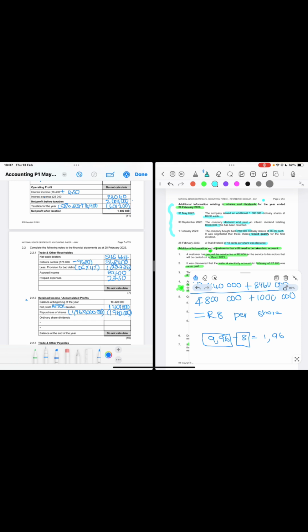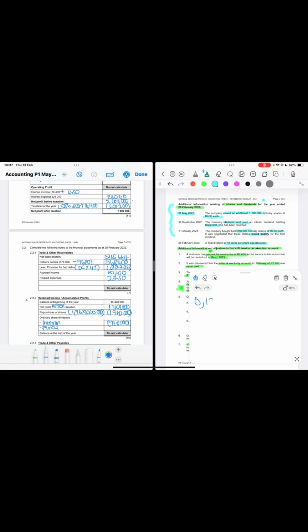Now let's look at ordinary share dividends. Ordinary share dividends, you have your interim and final dividends, or paid and deferred. So you can use either interim and final. So we are told that our interim dividends were 928,000, and the final dividend was at 18 cents per share.